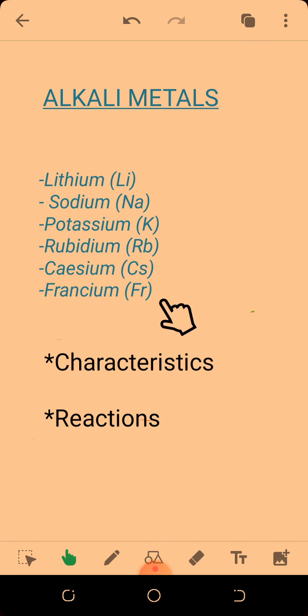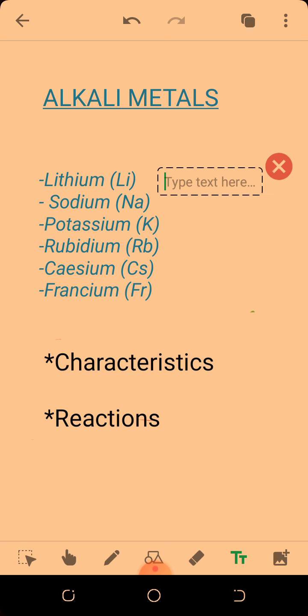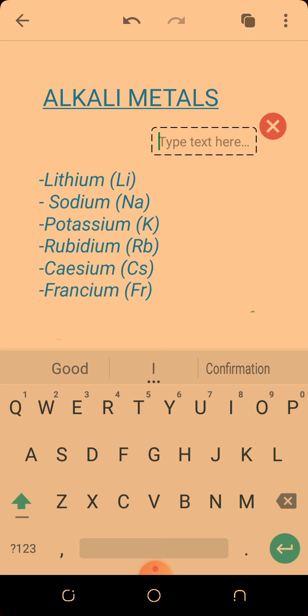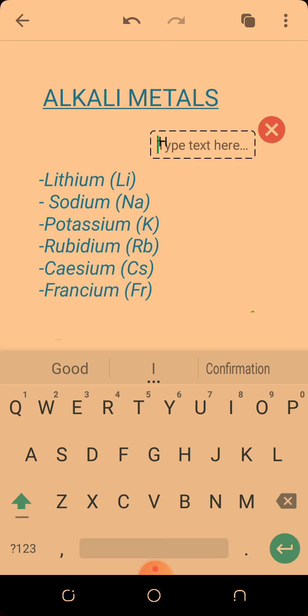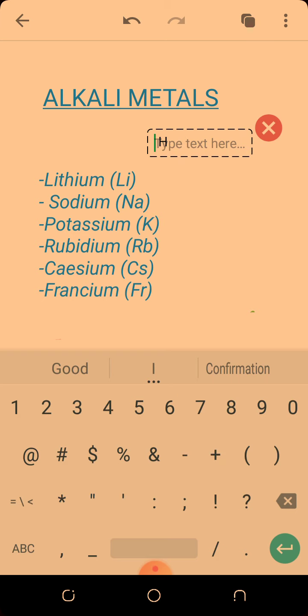These are the alkali metals in the group 1 family. Note that hydrogen is not a metal. It is a non-metal.